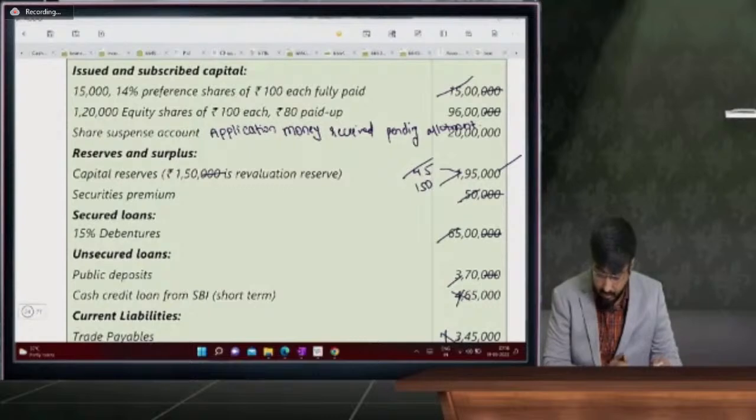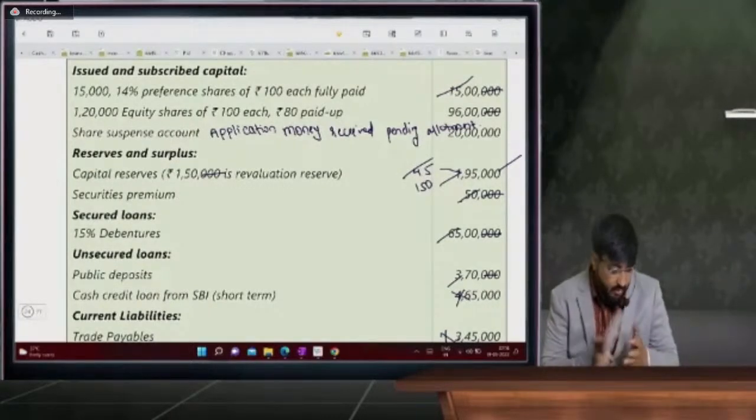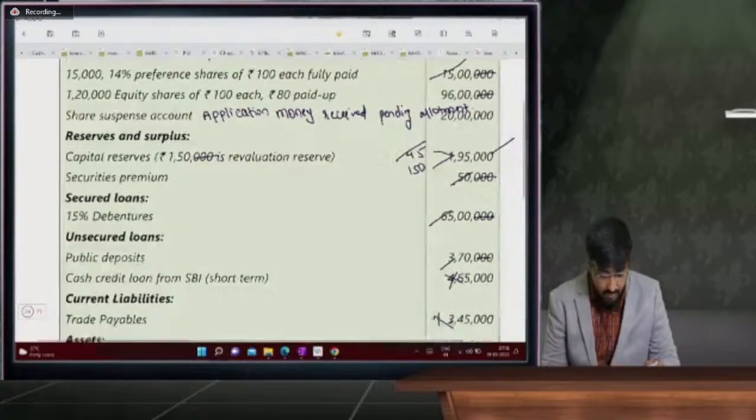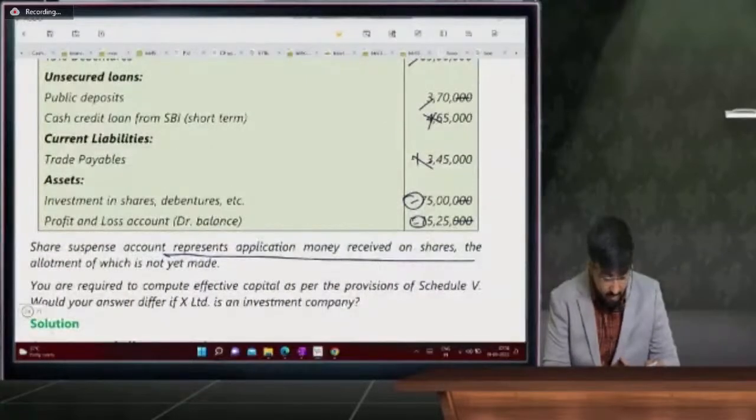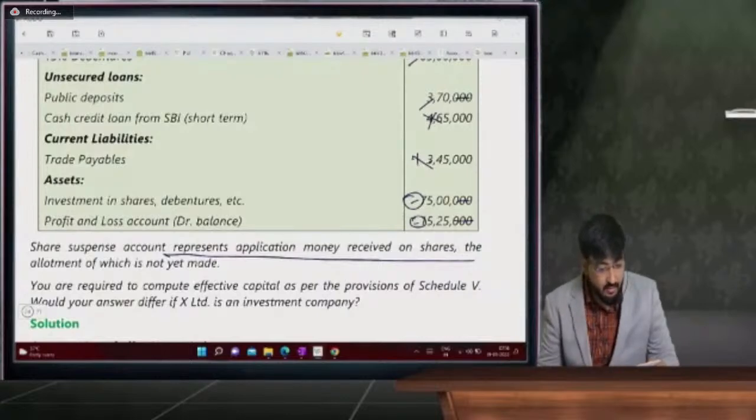What happened here? 1500 plus 9600. Arre, what happened to the calculator? Give me a calculator as guru dakshina, beta. 2000 plus 45 plus 6500 plus 370 minus 7500. So I'm getting the answer.